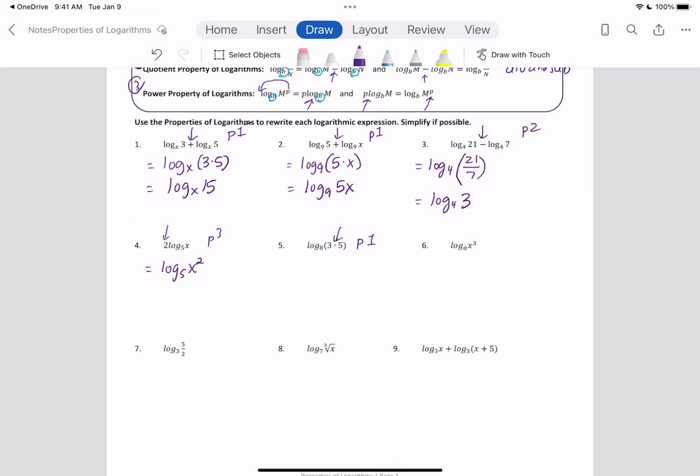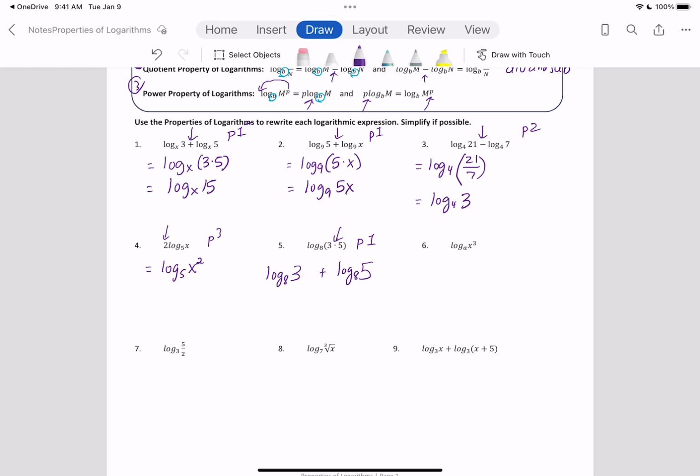When I know I'm going to be rewriting it into two things like a sum, a lot of times I'll go ahead and write log base 8 plus log base 8 because I know that both pieces are going to have that, right? And then my m and n is a 3 and a 5. And that's all we're doing is just rewriting, okay?